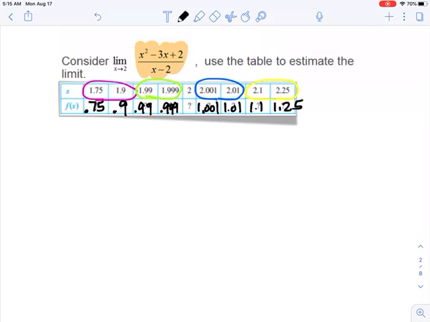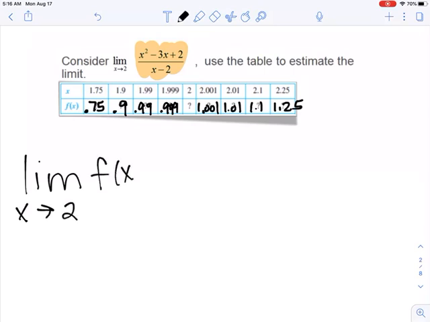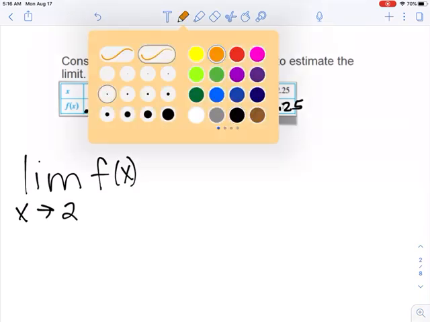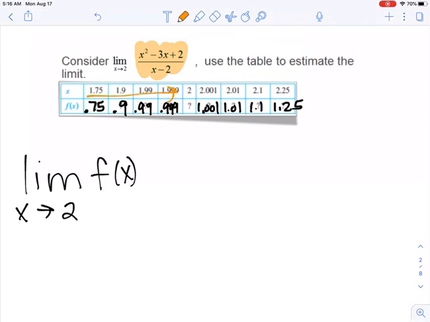Okay, so here are the values that you should have gotten when you plugged in your values. Now, as we look at the limit as x approaches 2 of our function, as our x values get closer and closer to 2, it looks like our y values get closer and closer to 1.